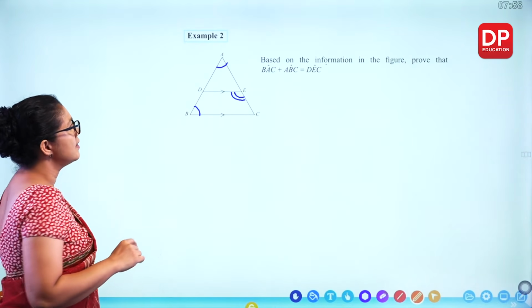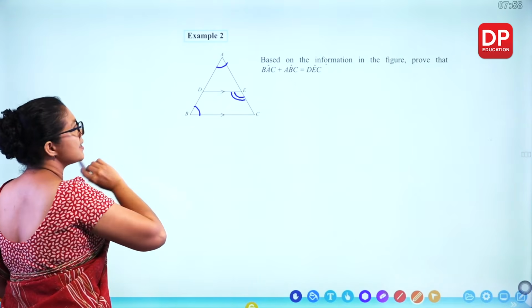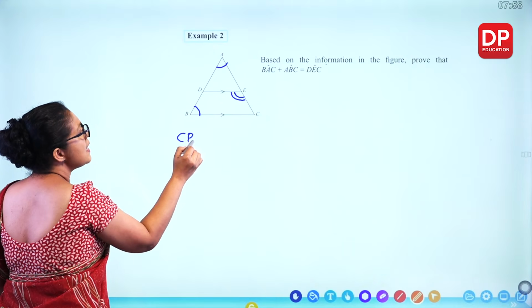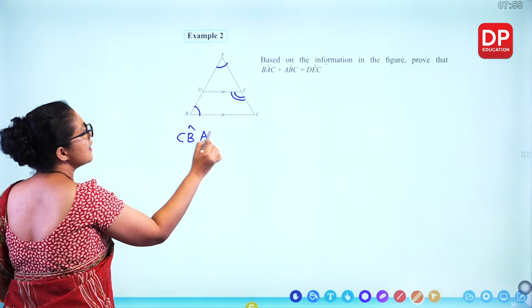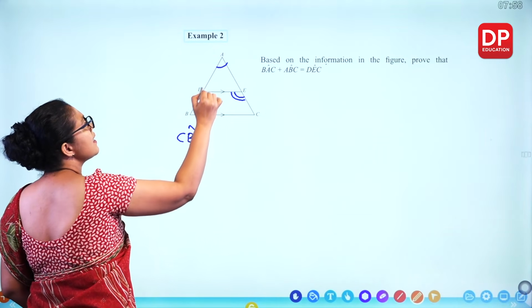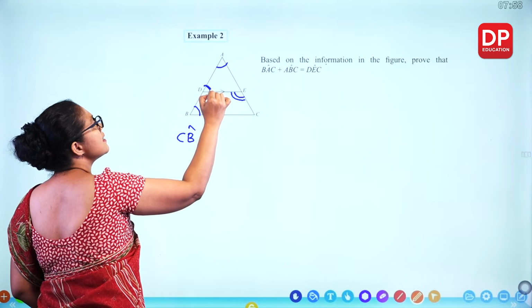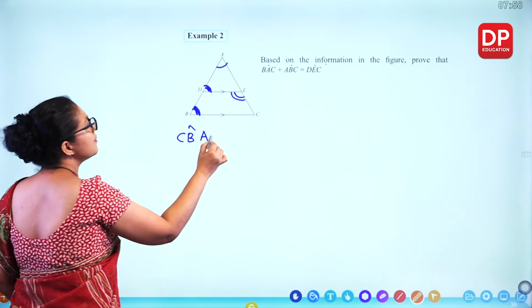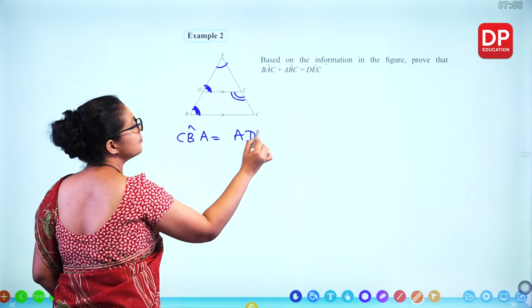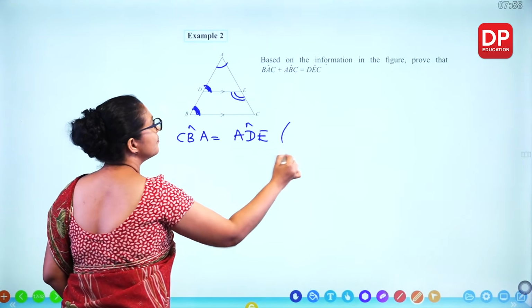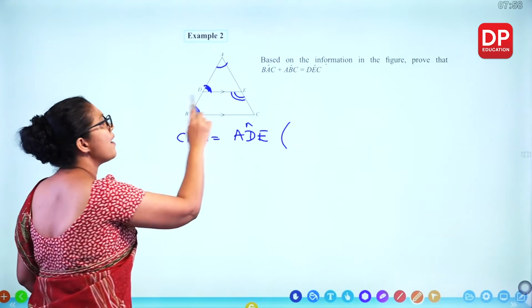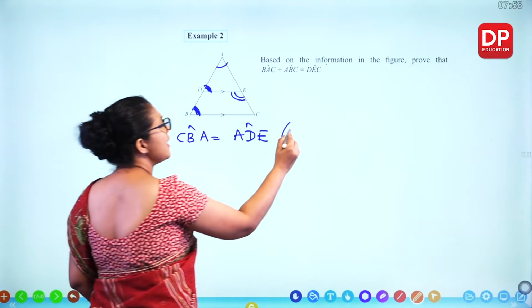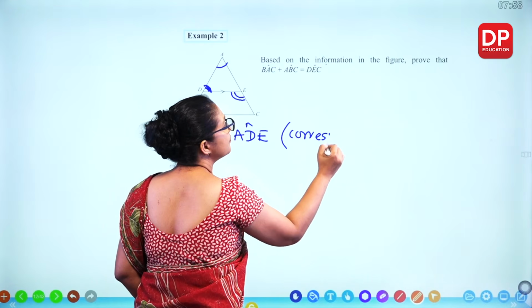So here I can write CBA. CBA angle is the same as this one. What's the reason? The two lines are parallel, so you get an F letter angle. That's corresponding angles.